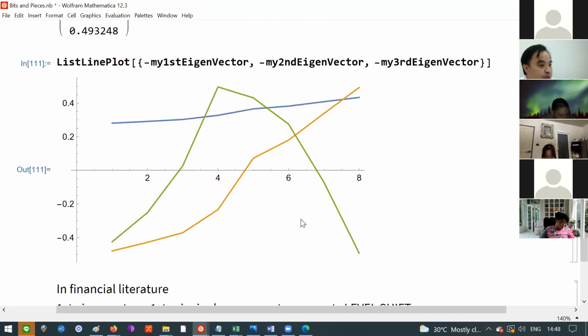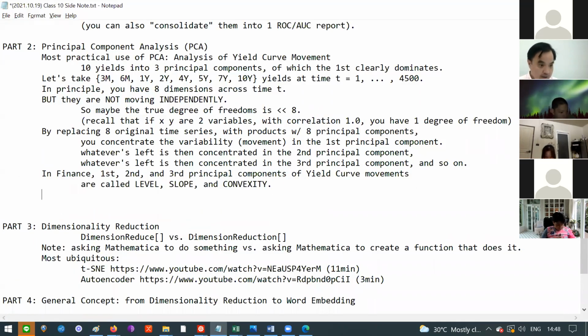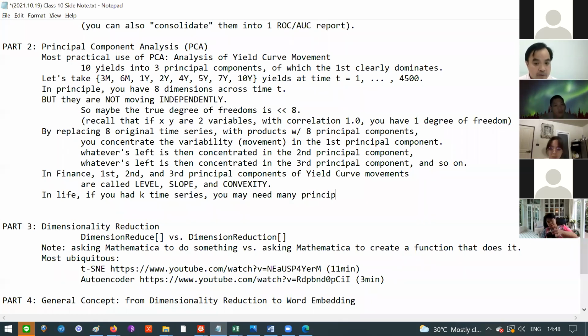Now, this happens to be almost universal in every financial market. Now, in life, if you have, say, K time series, you may need many principal components.